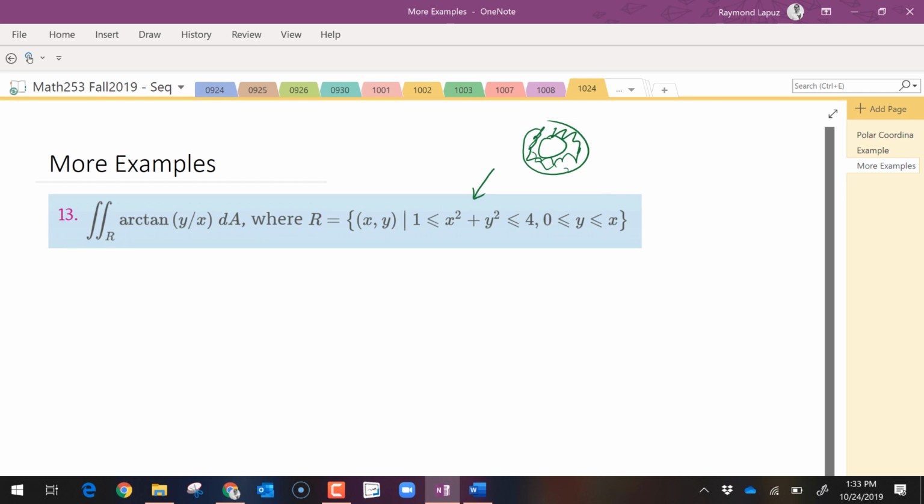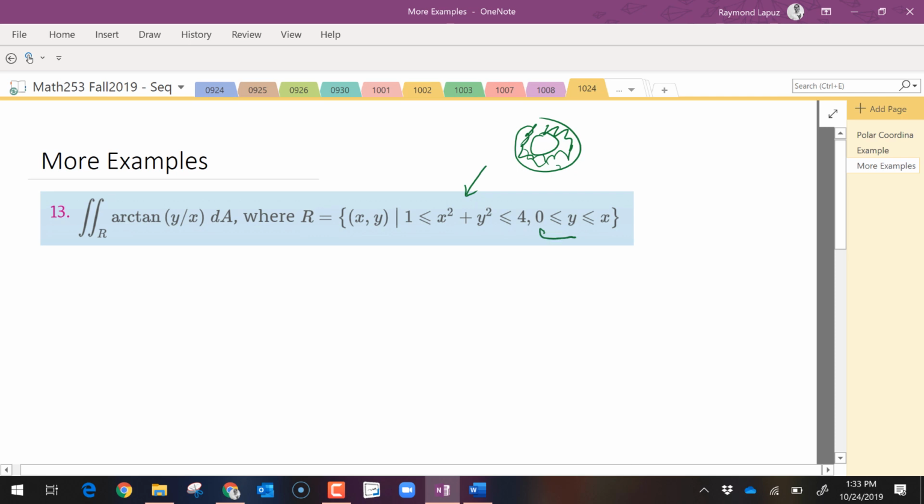Y goes from 0 to x. Okay, well, like I said, set them up individually. Y is equal to 0, what's y equals 0? That's the x-axis, right?